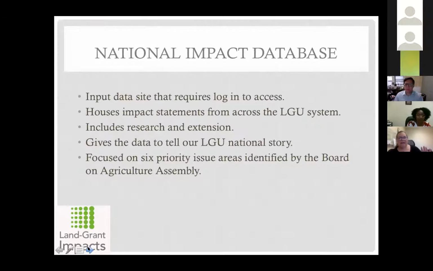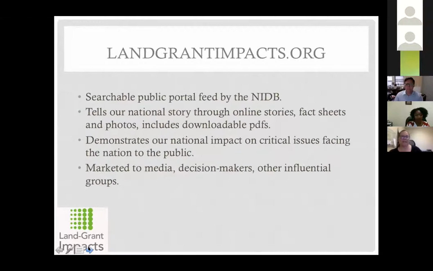That database is focused on 6 priority issue areas that are identified by the Board on Agriculture Assembly, and they are updated periodically. So moving forward, these priority areas may change, but for the time being, there are 6 priority areas that we will show you when we get into the system.